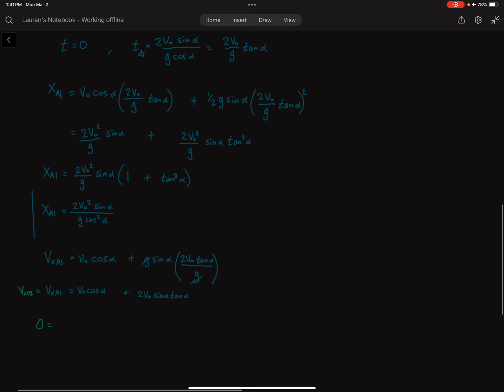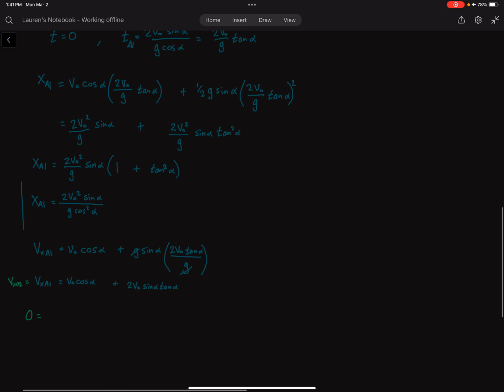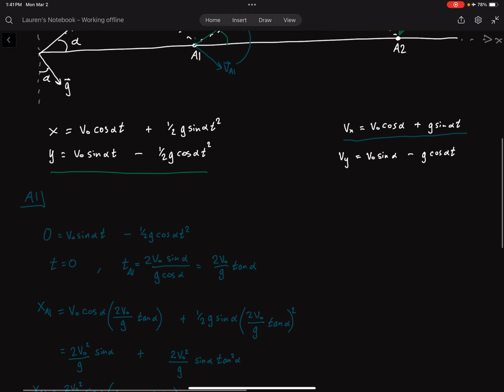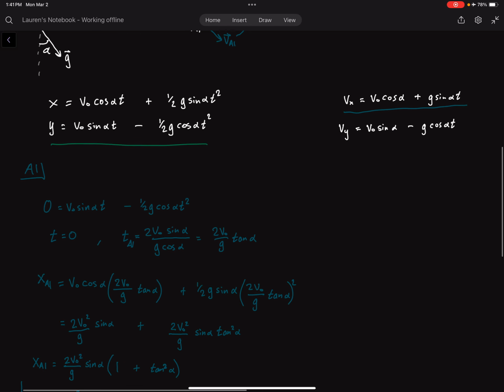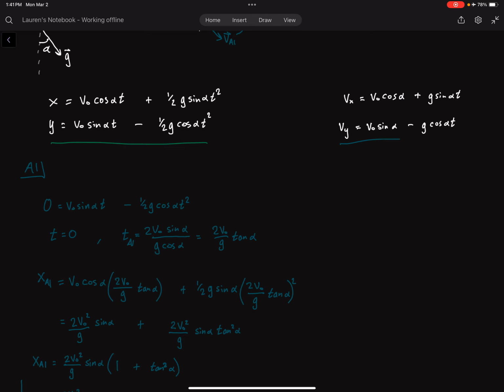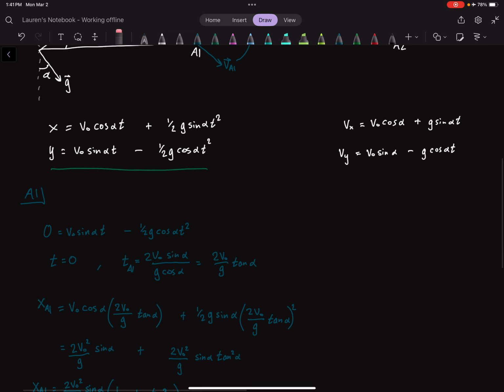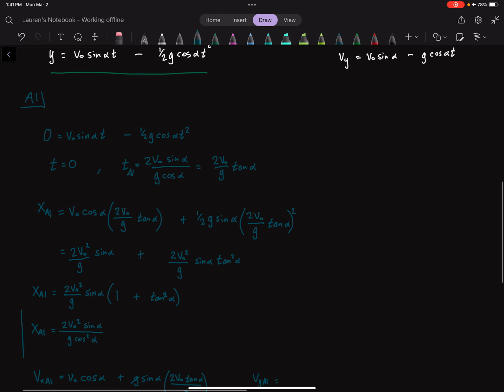And maybe you're already thinking ahead and realizing something, but I think I'm committed at this point to finding it explicitly. So we have Vy A1, the y component of velocity at A1. What we are saying is that the final y component velocity at A1 can be found via this equation, working with what we're thinking of as part 1 of this problem.